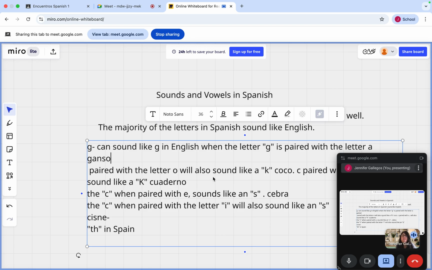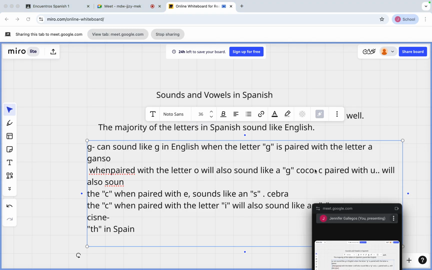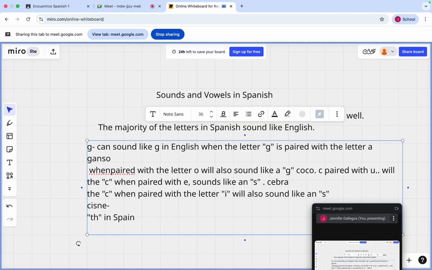Now, same thing will happen when paired with the letter O. Okay, so when paired with the letter O, the G will sound like the G in English.